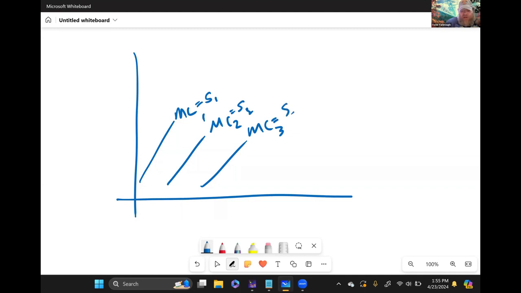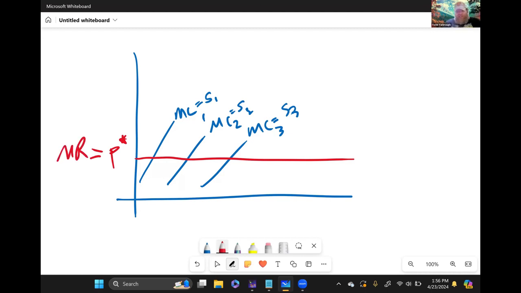Now, to drive home the point that these are the supply curves, think about what a supply curve is. It says for a particular price, P star, how much does the firm produce? Well, what was the decision when we talked about profit maximization? It was to produce where marginal revenue equals marginal cost. Well, just remember that in these markets, marginal revenue is P star. And so when we say marginal revenue equals marginal cost, that's all we're saying.